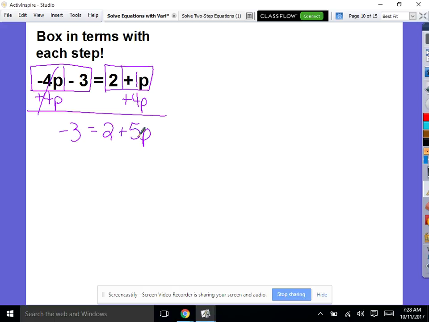And I think I'll work this one to show you that it does not matter which variable you eliminate first. But let's finish this. So we're going to subtract 2, which leaves us with negative 5 equals 5p.